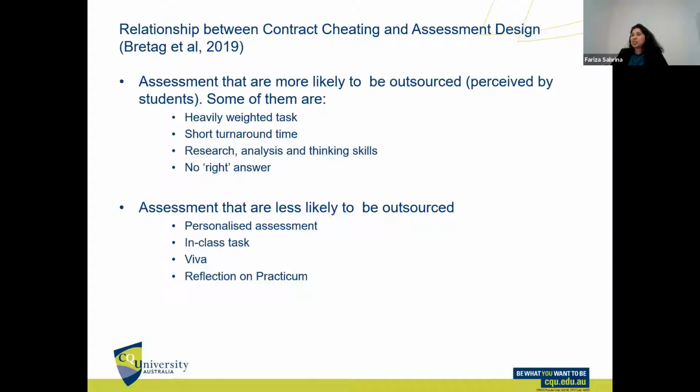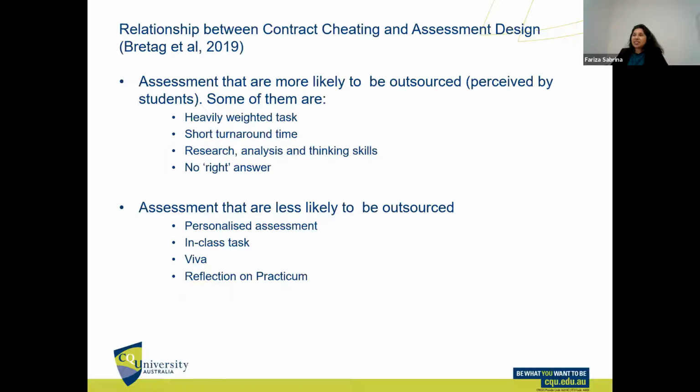The more likely outsourced tasks, and I mention some related to my unit here, are heavily weighted tasks. And if the task has a short turnaround time, according to students' perception, that might have more likelihood of being outsourced.